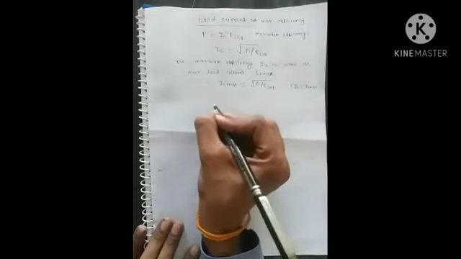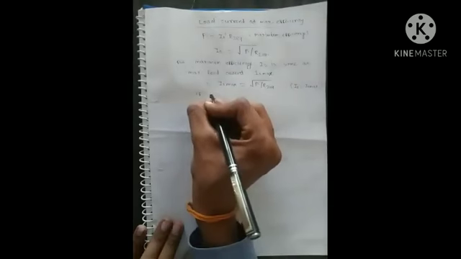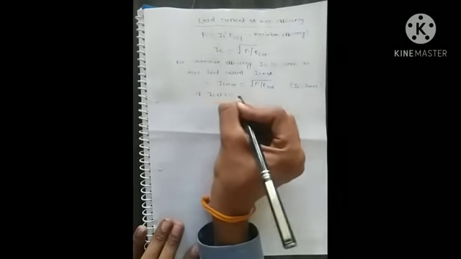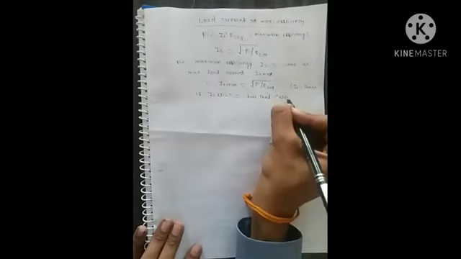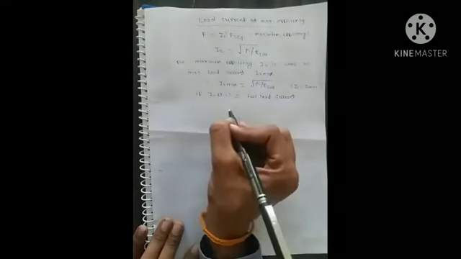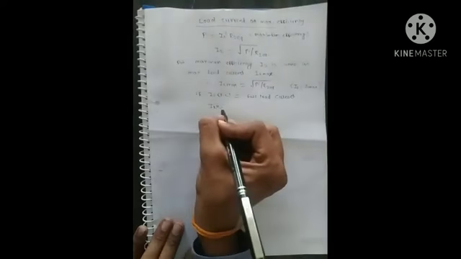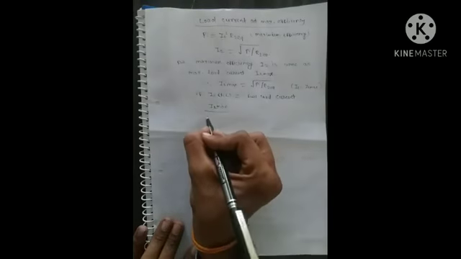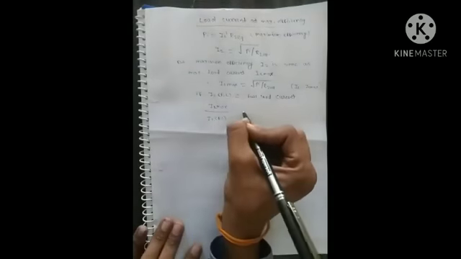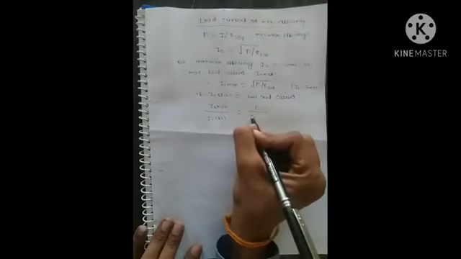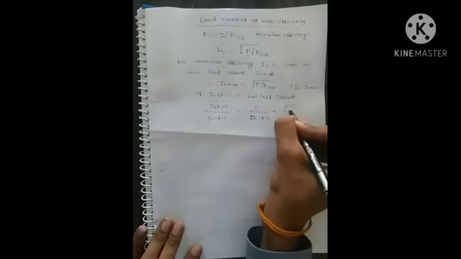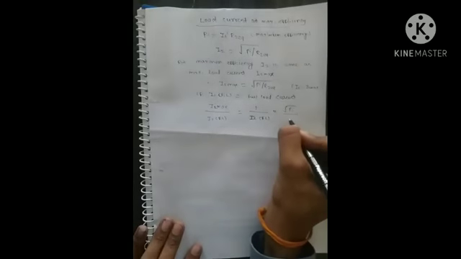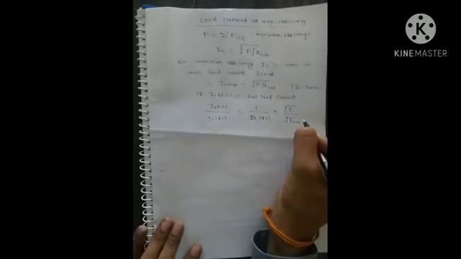Therefore, if I2 full load equals the full load current, then I2 max upon I2 FL equals 1 upon I2 FL into the square root of Pi upon the square root of R2 equivalent.